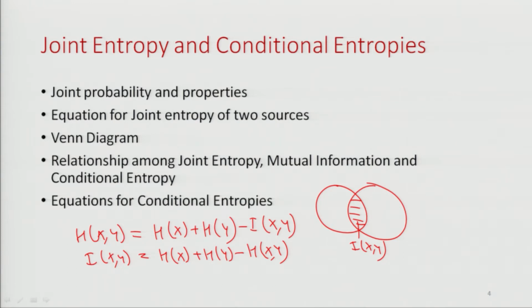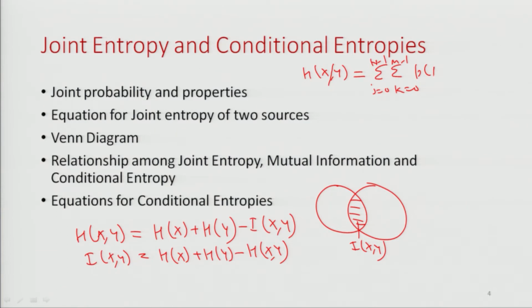Now, we have to write an equation for the conditional entropies that we have also discussed in the last class, and we have proved that H(X|Y) can be given as summation over j, summation over k, H(X upon Y), conditional entropies.